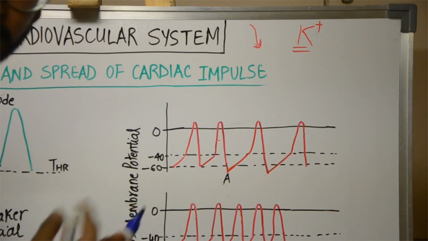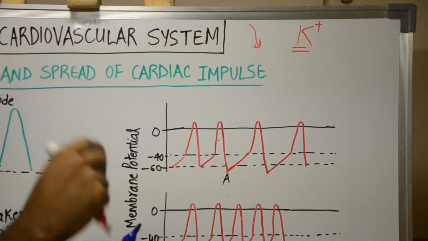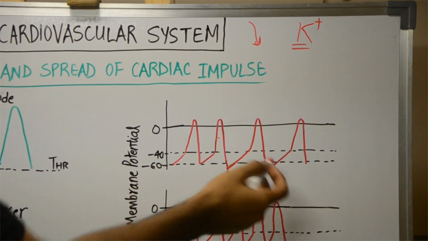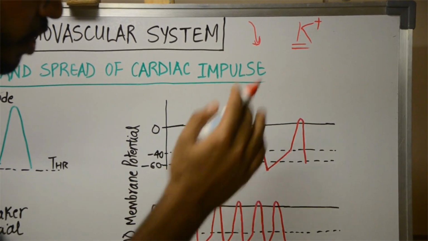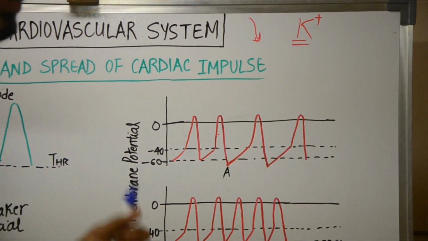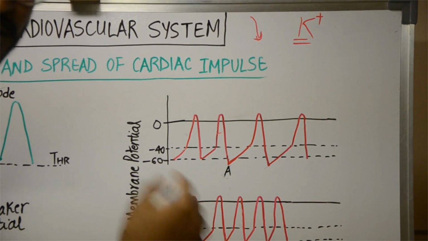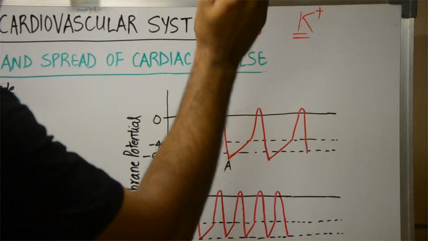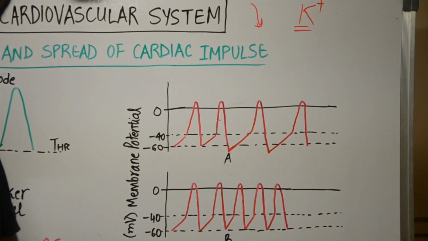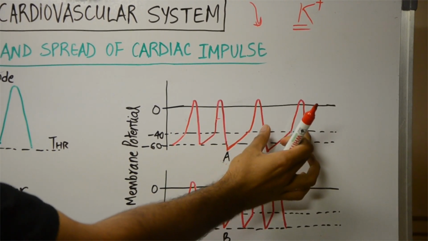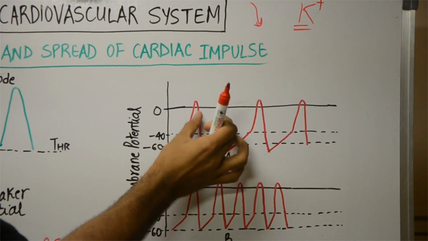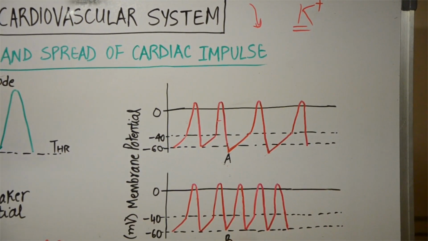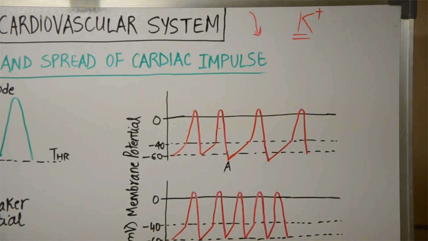That means action potentials are difficult to be produced, which in turn means the cardiac impulses are difficult to be produced. So the rate of generation of cardiac impulses reduces because vagus releases acetylcholine, and acetylcholine increases the potassium permeability of the SA nodal fibers. So the time difference between two action potentials has increased.